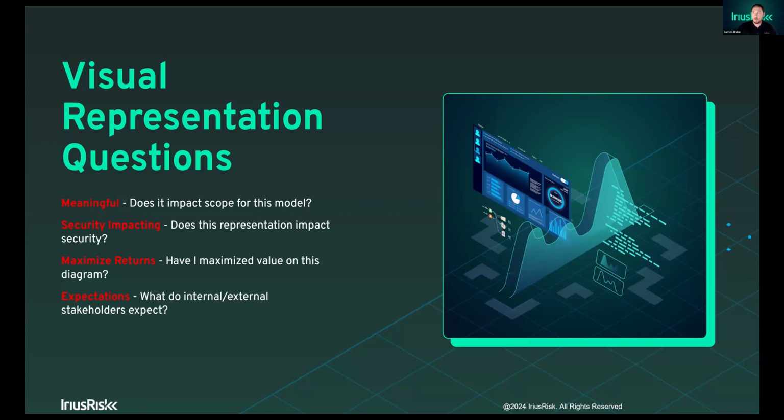For example, I was talking with a customer yesterday, and we were looking at a threat model that had some shared security services in it. But based on their discussions, they were going to have 10 or 15 more models, and all of those models were going to have that same shared security services in them.